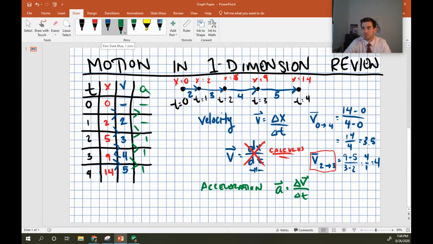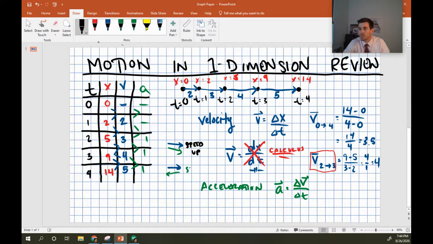And there were some tips and tricks that I've shared a couple times now with velocity and acceleration. If we have a velocity vector going that way, we know it's moving to the right, and we have an acceleration going the same direction, we can conclude safely that it is going to speed up. If we have them going in opposite directions, then we know it is going to slow down.